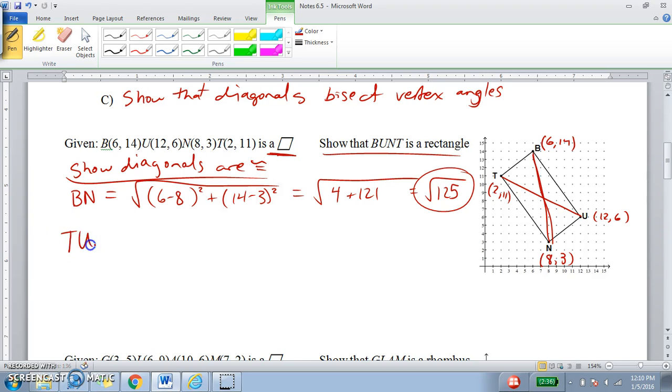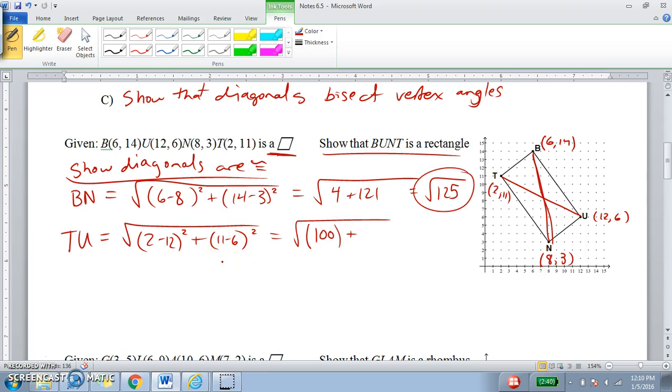We'll see if we get the same thing for TU. All right, set up the distance formula. T and U, the x-coordinates are 2 and 12, and the y-coordinates are 11 and 6. So 2 minus 12, 11 minus 6. 2 minus 12 is -10. When I square -10, I get +100.